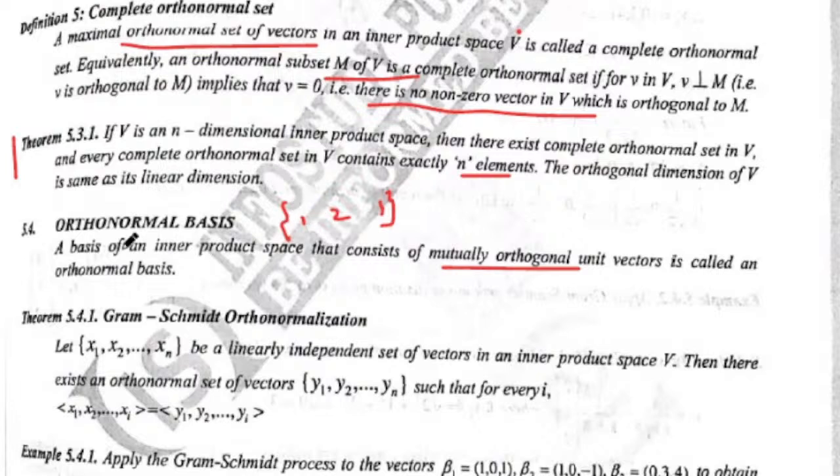That is, these unit vectors, a basis of an inner product space consisting of mutually orthogonal unit vectors, is called the orthonormal basis.